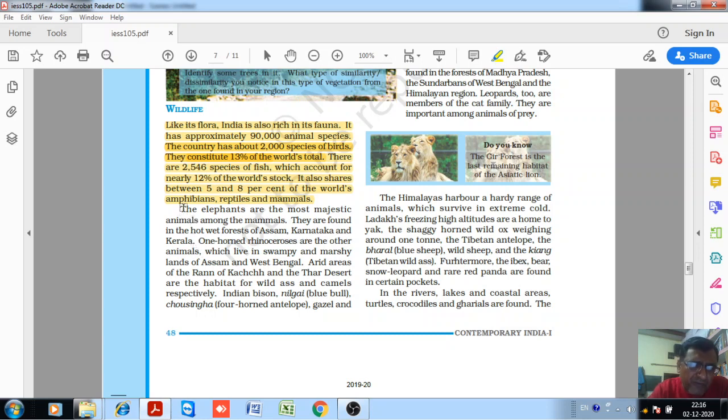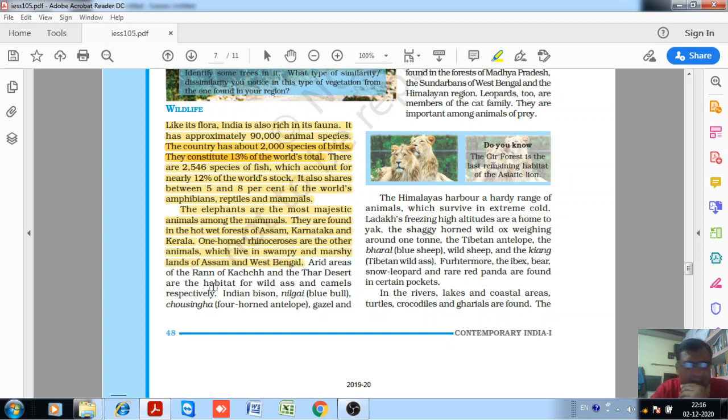So one by one, you can see that animals are found in these regions in these conditions. One horned rhinoceros is also found in Assam in Kaziranga National Park. Rhinoceros are other animals which live in swampy and marshy lands of Assam and West Bengal also.